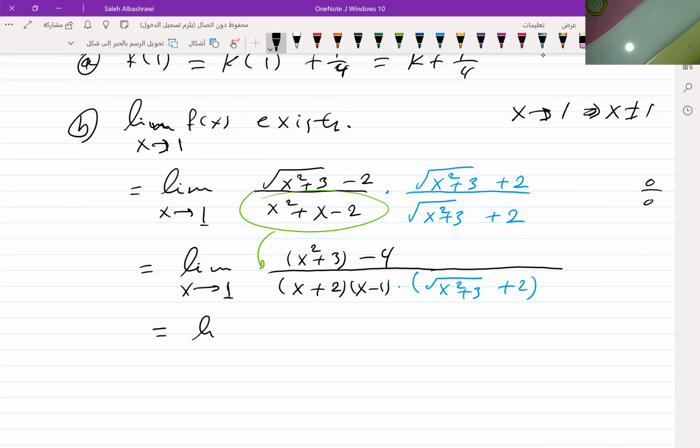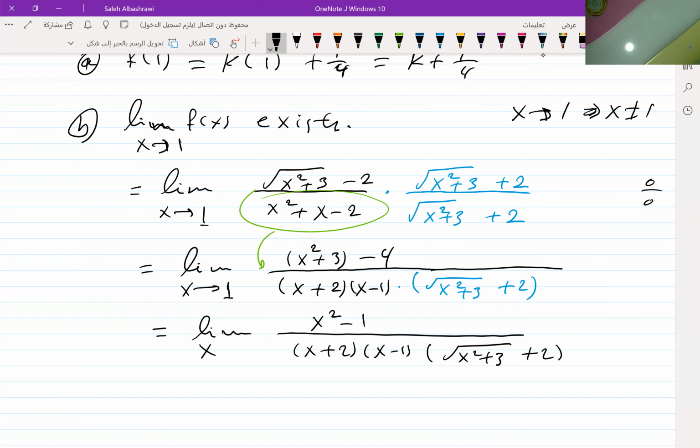This is equal to the limit. For the numerator, I will have x squared minus 1, and down it is x plus 2, x minus 1 multiplied by square root of x squared plus 3 plus 2, as x goes to 1.